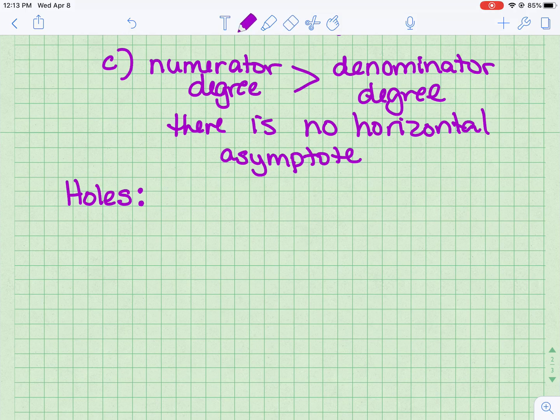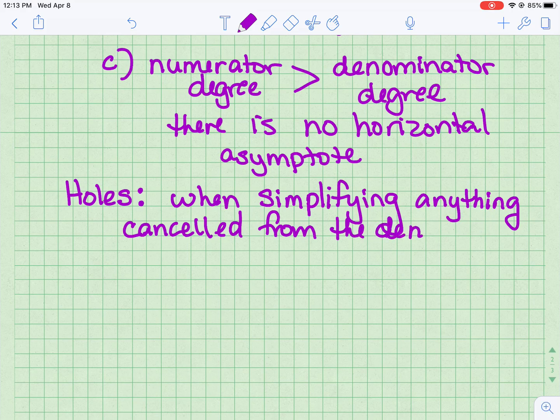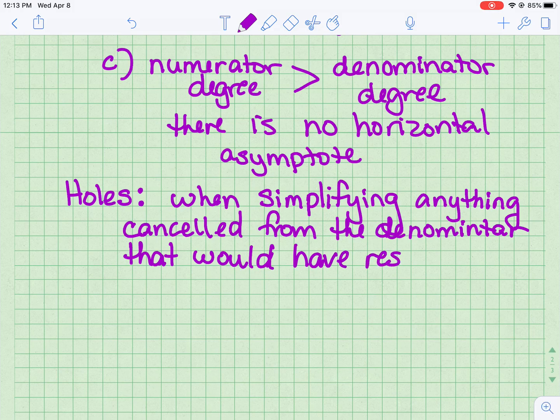When simplifying, anything canceled from the denominator that would have caused it to be 0 is the hole.